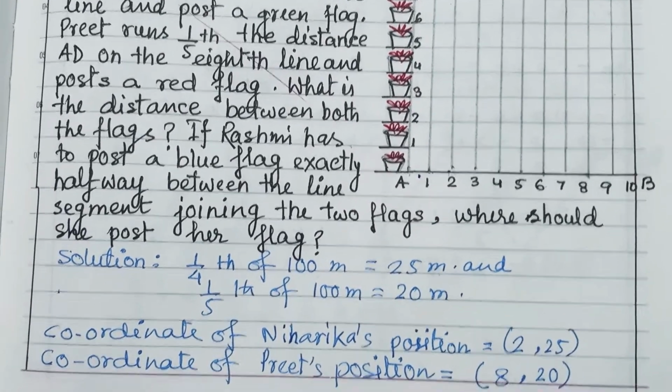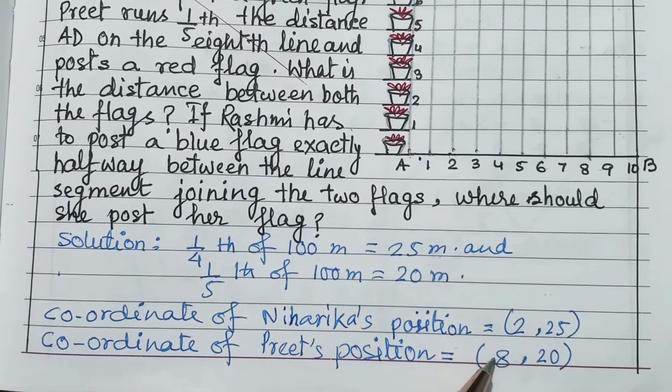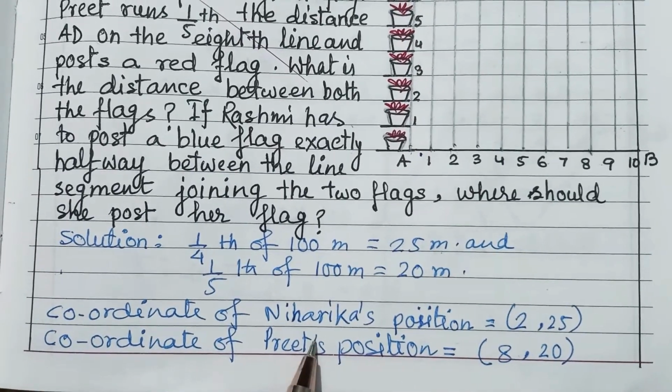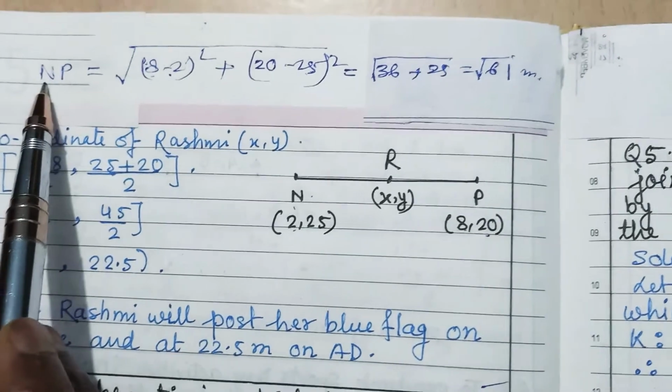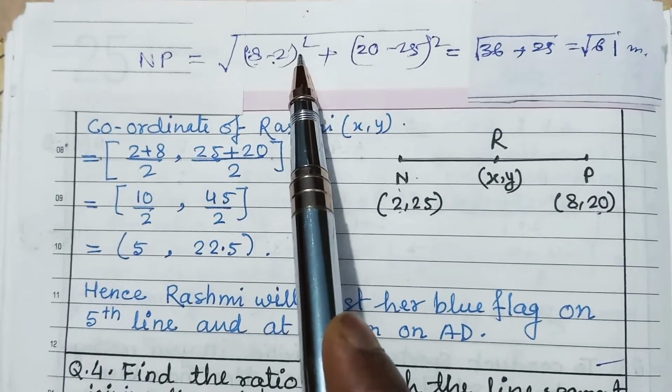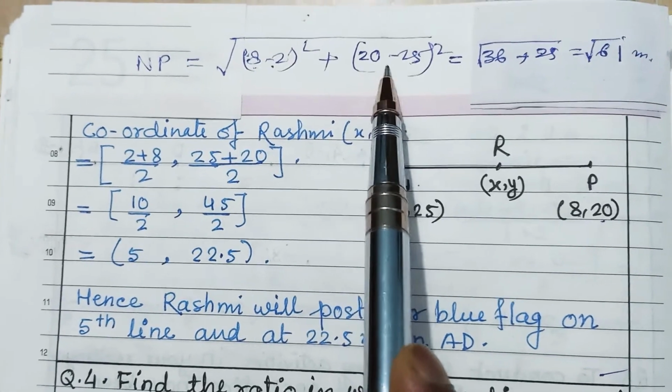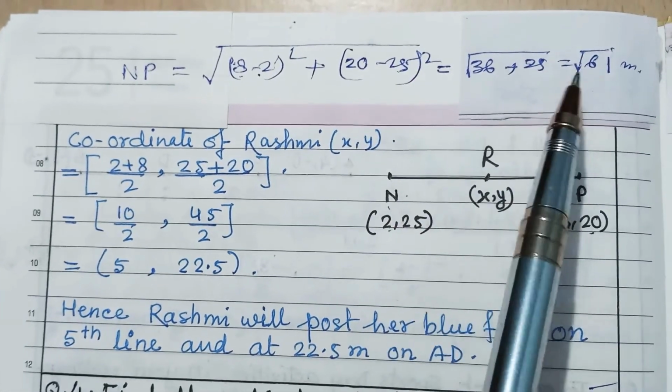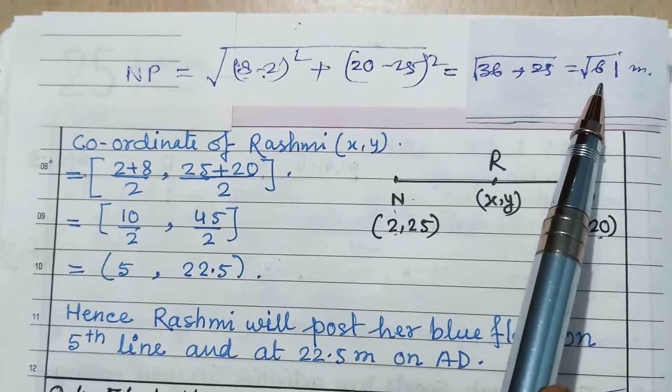First, by the distance formula, find the distance between Preet and Niharika. NP is equal to under root (8 minus 2) whole square plus (20 minus 25) whole square, that is equal to under root 61 meters.